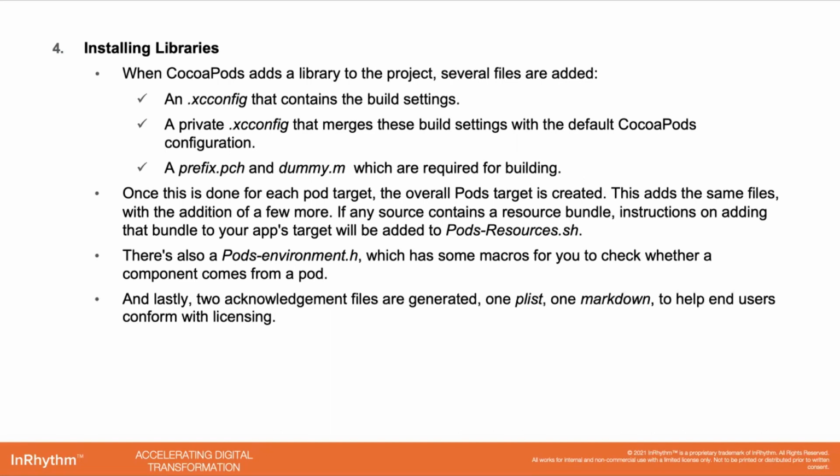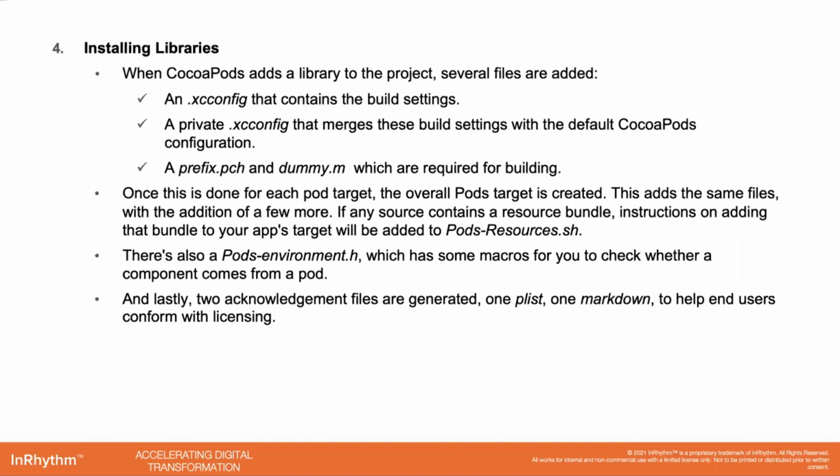And other files are added, which are a plist file and a markdown file that just help end users to conform with licensing. So these are all files which are added when libraries are installed.